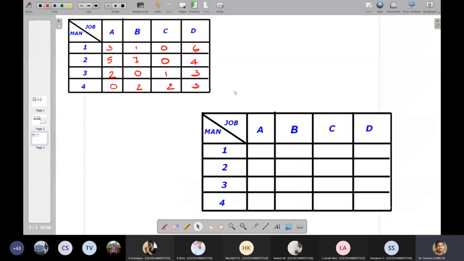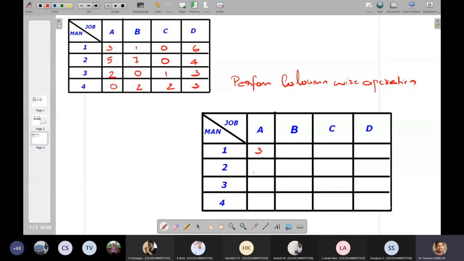Perform the column-wise operation. So first column, any change? There will be no change, so it will be 3, 5, 2 and 0.